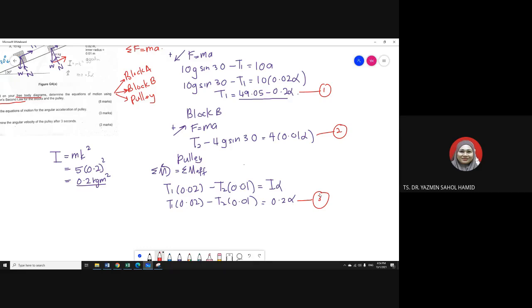Put equation 1 and equation 2 into equation 3 to find alpha. So can you please quickly do it and tell me what is the answer for your alpha?